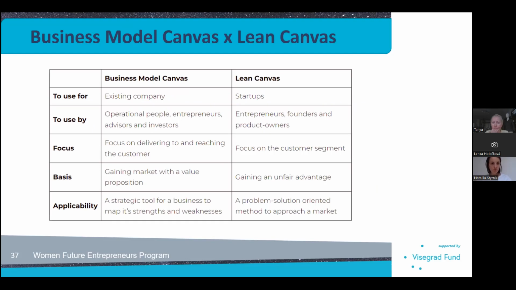Business model canvas is used mainly for existing companies, while lean canvas for startups. And lean canvas is focused more on customer segment and unfair advantage and some problem that you are solving.